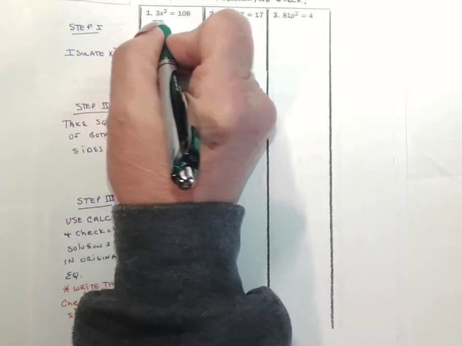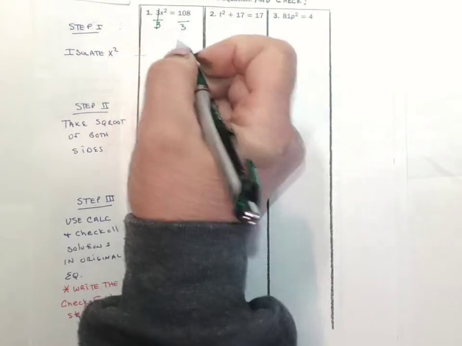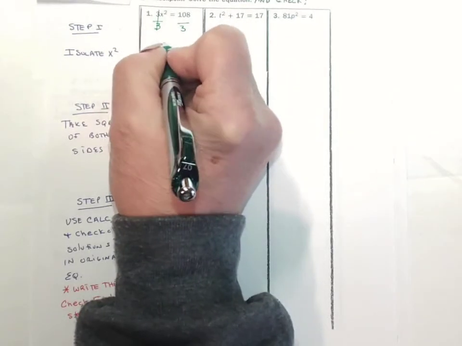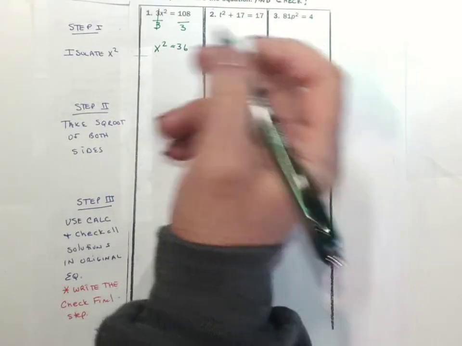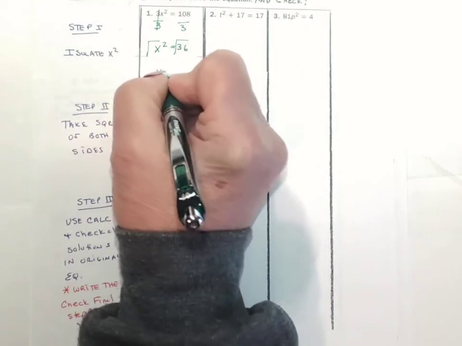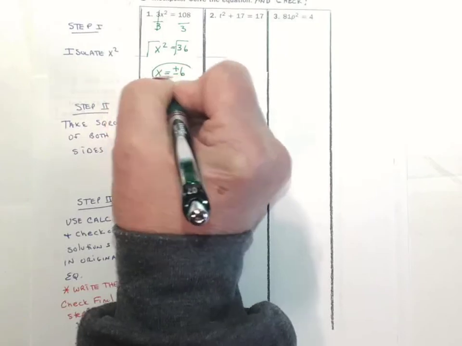Okay, so the first one, I have to isolate it. 108 divided by 3, x squared equals 36. Take the square root of both sides. x is equal to plus and minus 6.